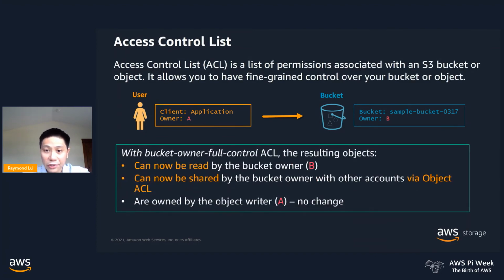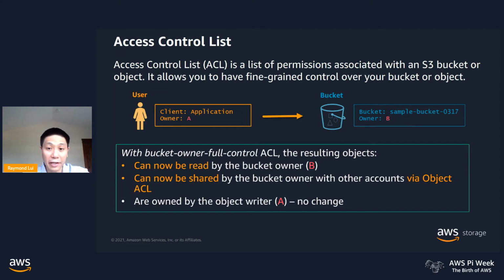To allow access in cross-account write, we have to use access control lists, or ACLs. An ACL is a list of permissions associated with an S3 bucket or object that allows you to have fine-grained access control.